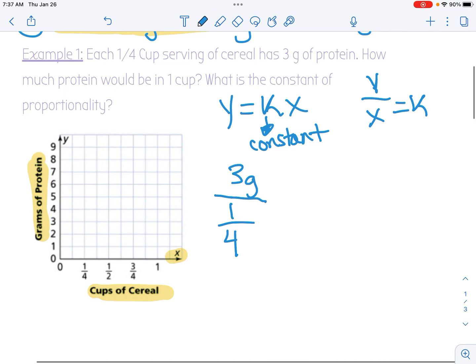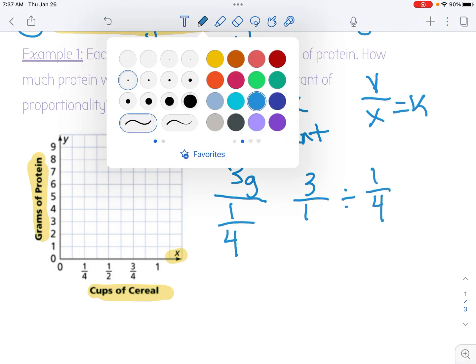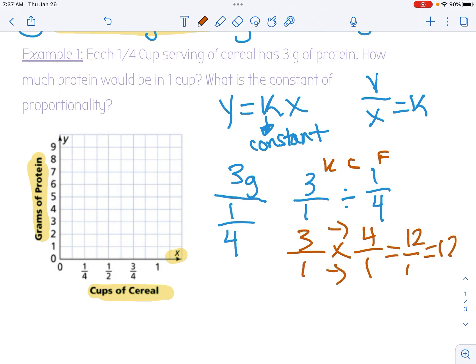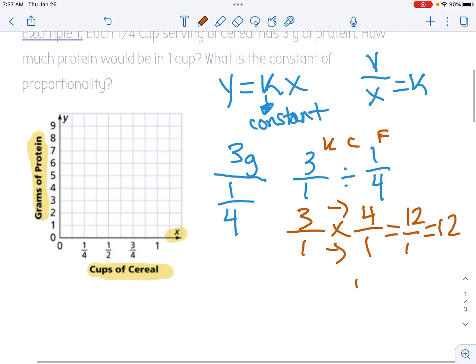So I can go ahead and divide these. So 3 as a fraction is 3/1 divided by 1/4. And I'm going to do my keep, change, flip here. So 3/1 times 4/1. And when I multiply straight across, this is going to get me 12/1, which is the same as 12. So my constant is 12.